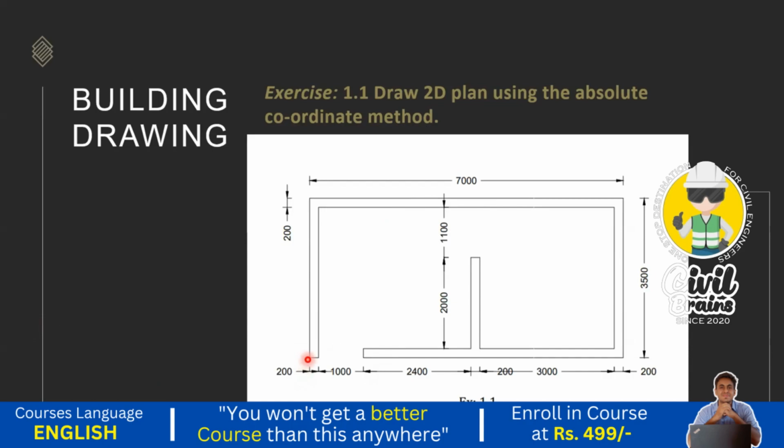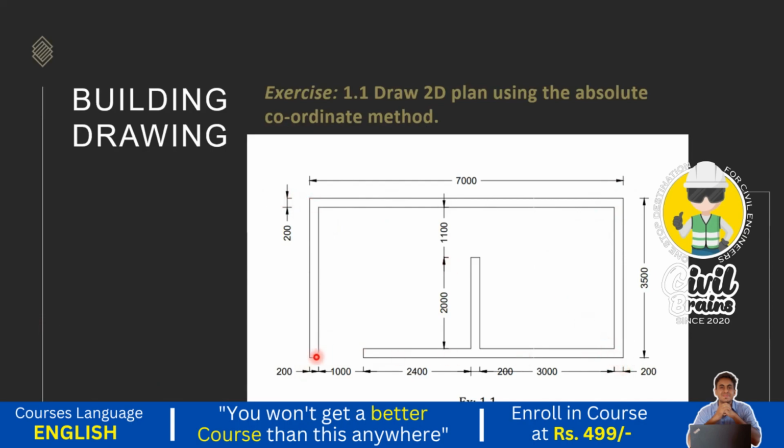So this is our lower left corner, this is our upper right corner, this is our upper left corner, this is our lower right corner. Correct? All the corners: lower left, upper right, upper left and lower right.